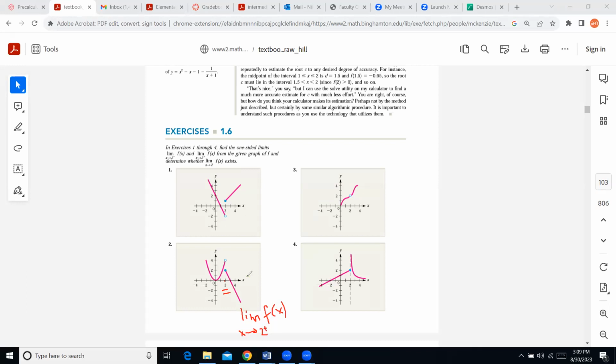So from here, we'll get on that line. So we'll keep getting closer to that blue point, which is actually 2, right? So limits of functions are always values of the function. Value of the function is the y coordinate. So what happens with y when x gets to 2?